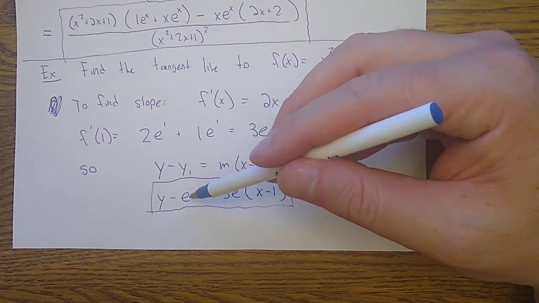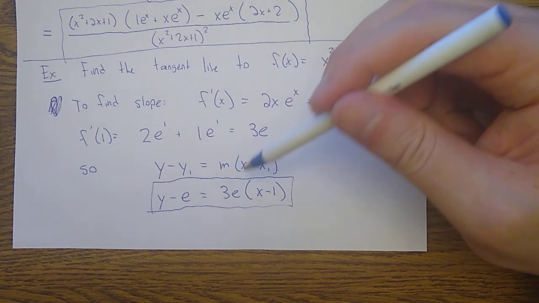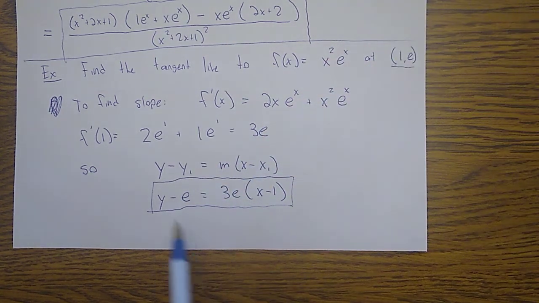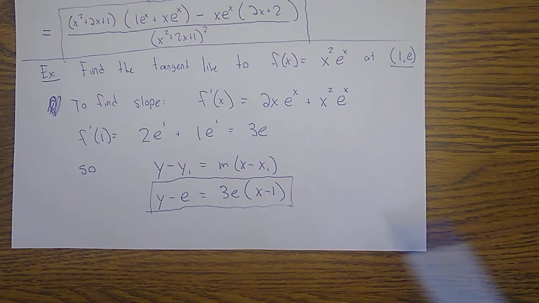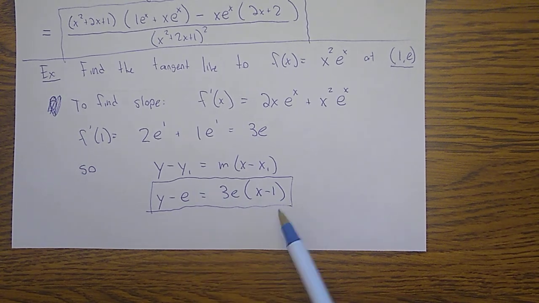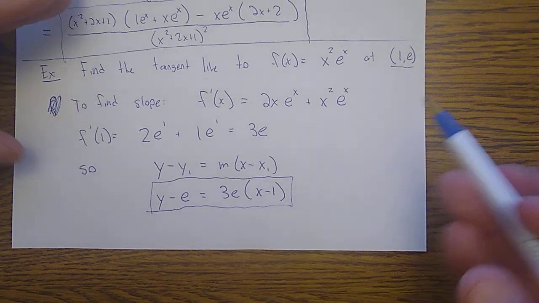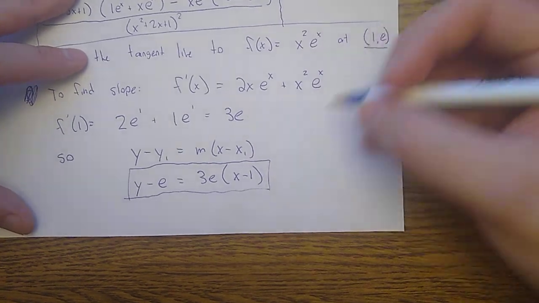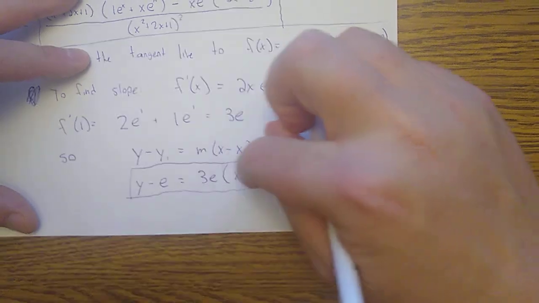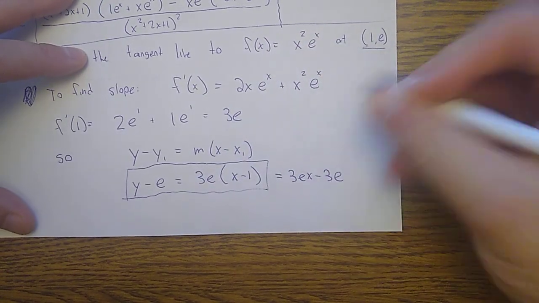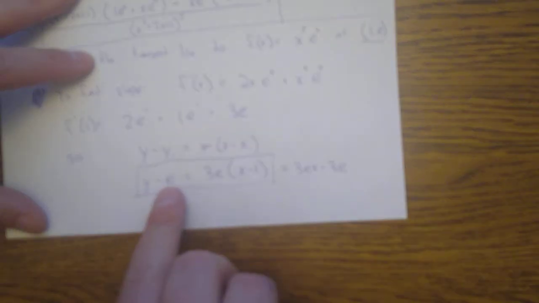But I understand that on the online homework it often wants you to solve it for y. So let me actually keep moving, and I'll put this in a form that the online homework would accept. I put a box around this because I would accept this on a quiz or a test, but let's put it in a form that the online homework will accept, because I know you need to do that too. I would multiply this out, 3ex minus 3e, and then to solve for y, I'm just going to add e to both sides.